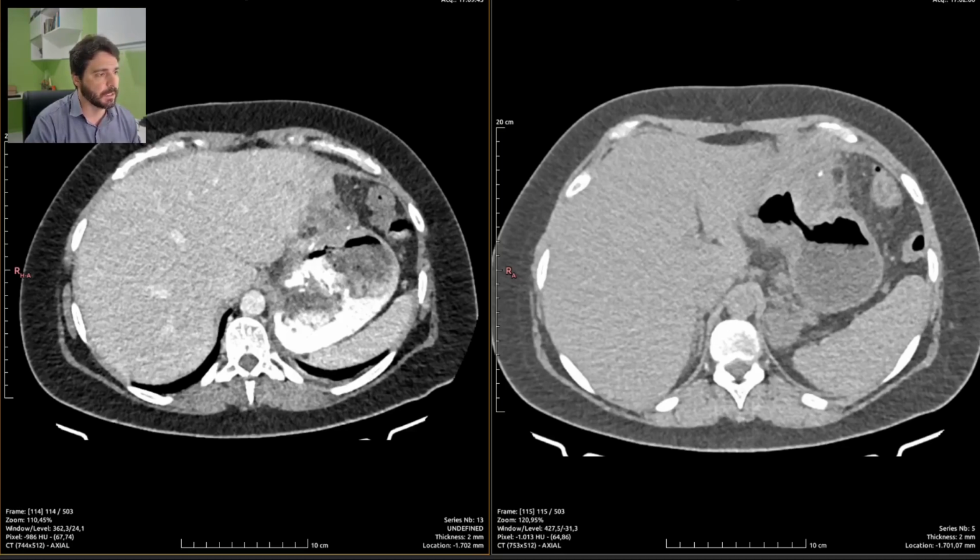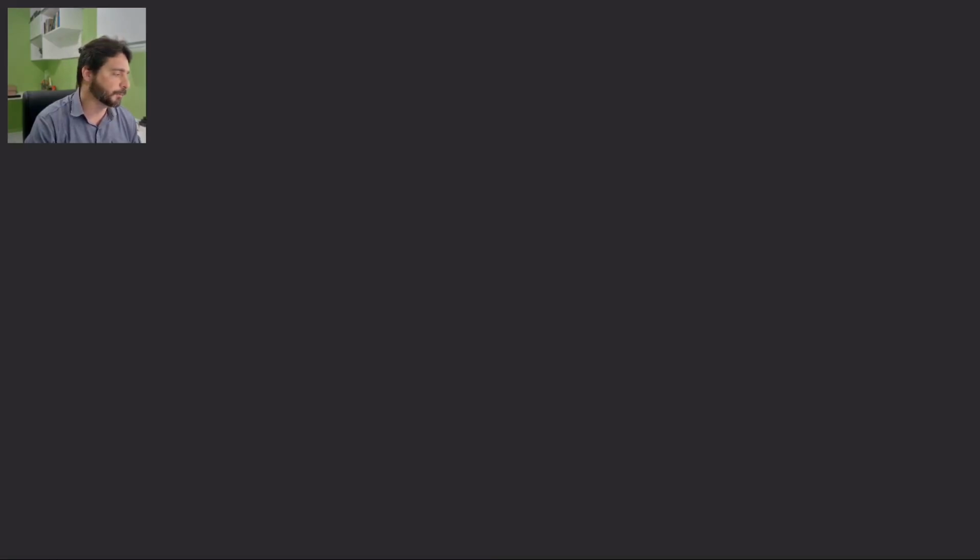So let's sign this off, clear cache, and get a head CT scan. Why not? Just to settle down a bit. So this is a 57-year-old patient.